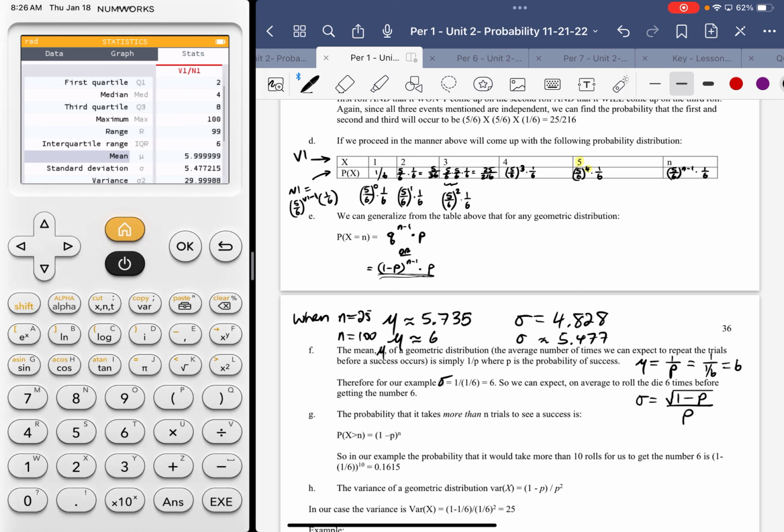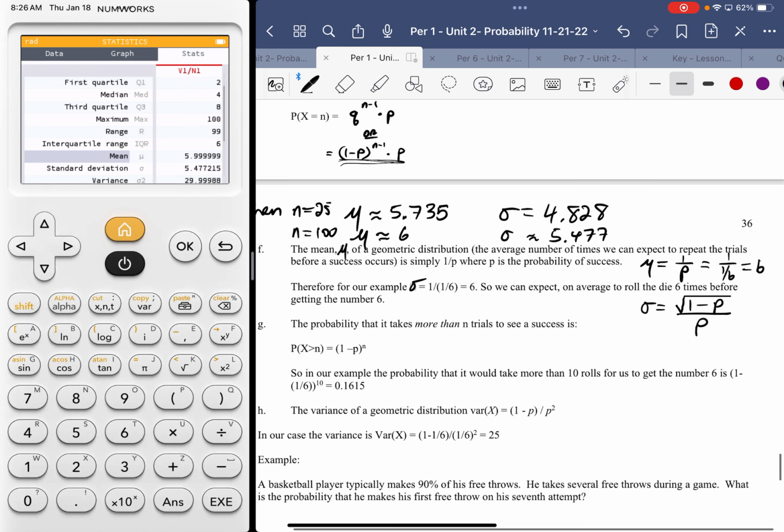All right, so I can verify that with my formula. 1 minus 1/6 under the radical, divided by 1/6. I've got to go into my calculation app to do that.